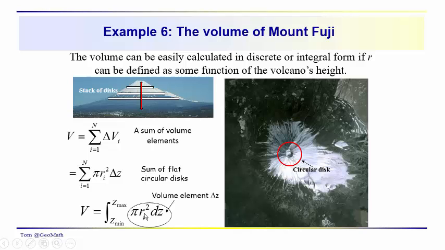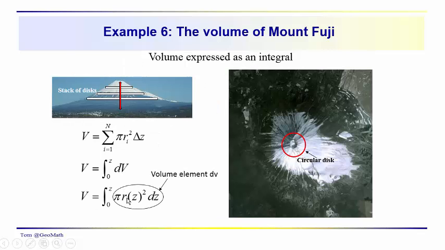It's not needed in this case, but we do need to have r expressed as a function of z, or vice versa. We need to have some common variable of integration. So we have to define r as some function of the volcano's height.